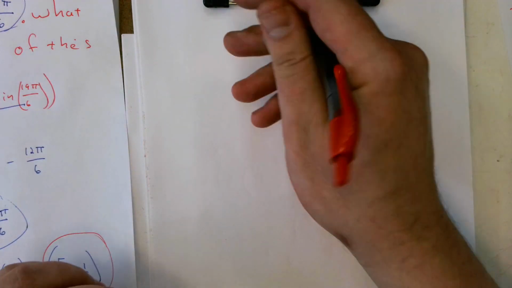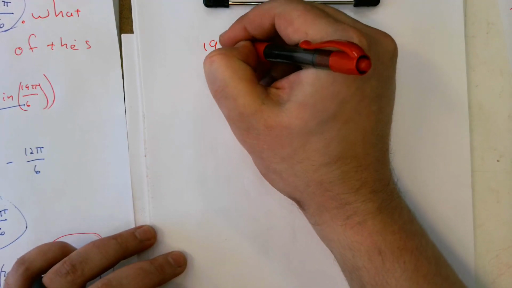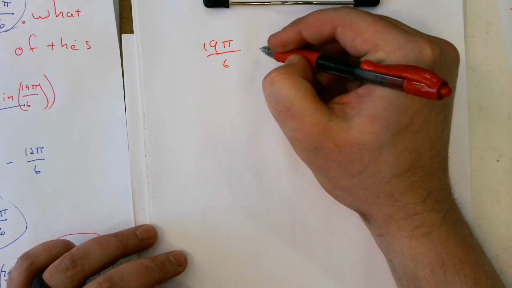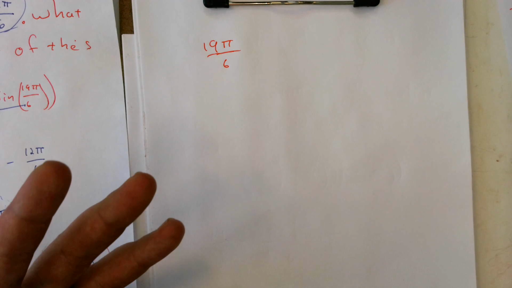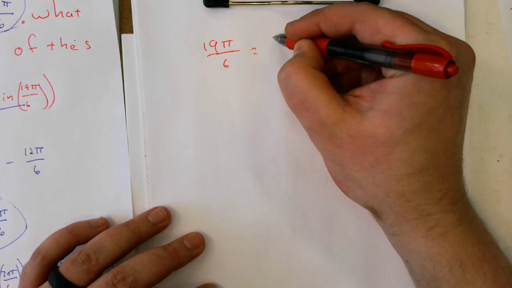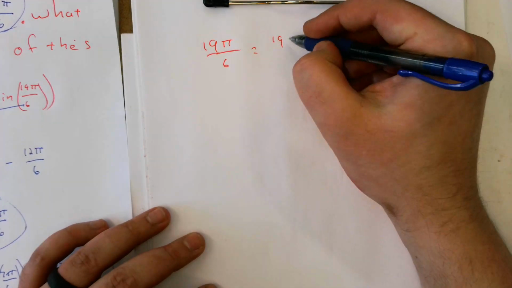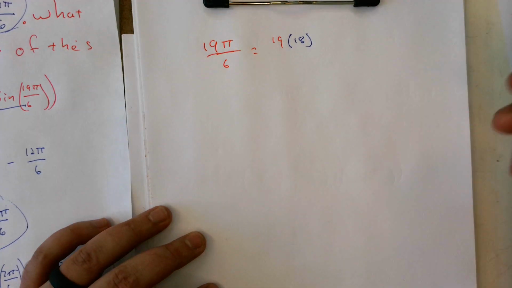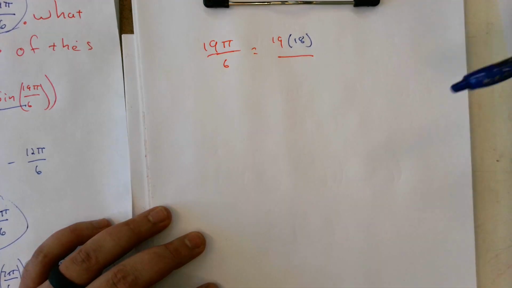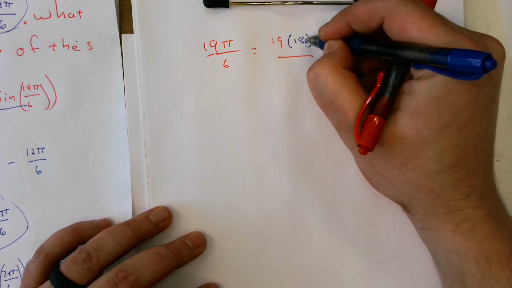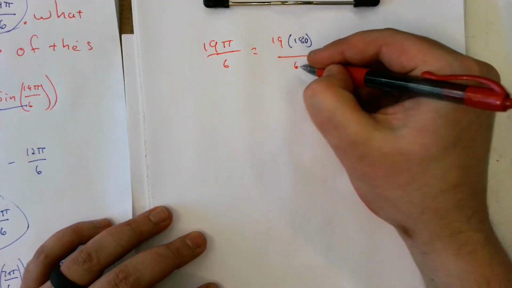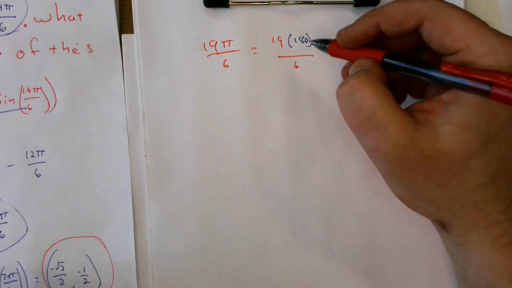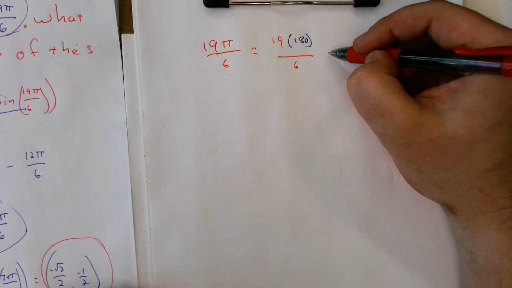So how would we approach this if I really just hated radians? And again, I don't have a calculator in my hand. Well, let's convert 19 pi over 6 into degrees. To do that, I'm just going to replace the pi with 180. Now I see, 180 divided by 6, that's 30.